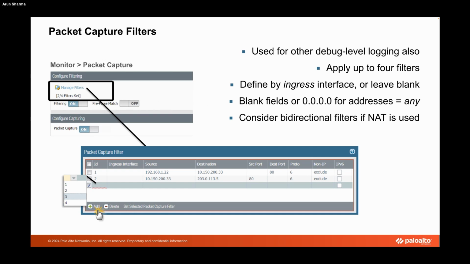Pre-parse match is a feature that can capture all packets before they are processed by the engines running on the data plane, which can help troubleshoot issues when an engine may not be properly expecting inbound traffic. This option should be used only if instructed by the support team and at a low-volume time of day, as it will capture everything. So just be cautious when you are trying to use this pre-parse match option.